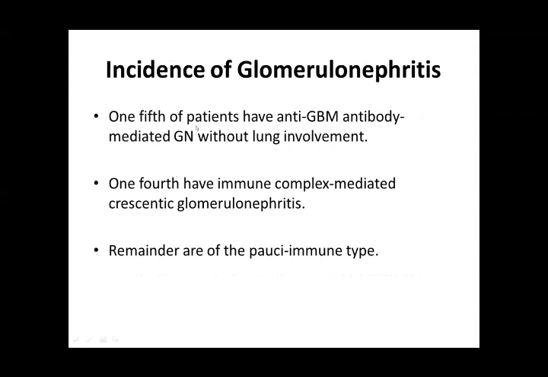One fifth of the patients have anti-GBM antibody mediated glomerulonephritis without lung involvement. You see that? Anti-GBM antibody mediated glomerulonephritis without lung involvement means Goodpasture syndrome may have no lung involvement, but the typical feature is lung involvement, right? Typical feature is lung involvement.